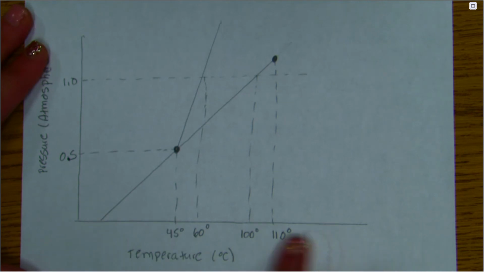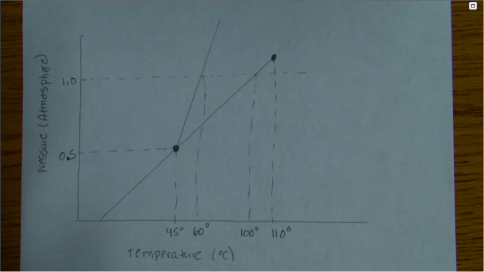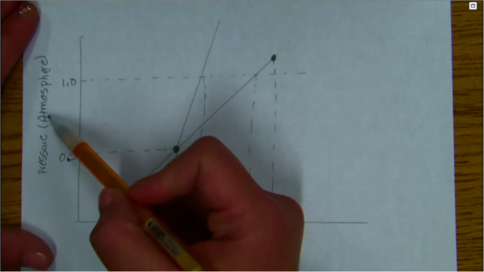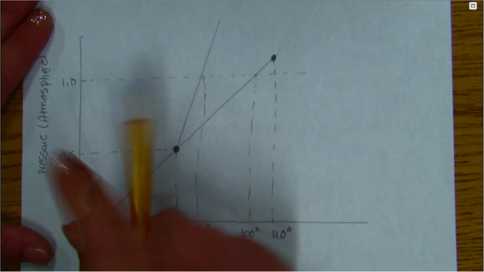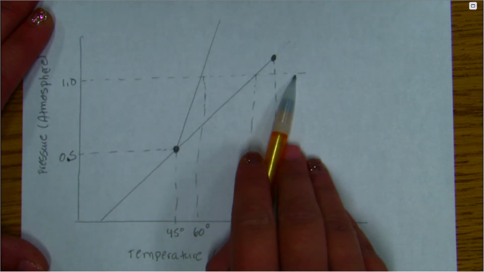Our temperature is the x-axis, all right? And our phase diagram has a couple of different things that we can look at, okay? Now, atmosphere, we know the standard atmospheric pressure is 1. So this point right here is standard atmospheric pressure.